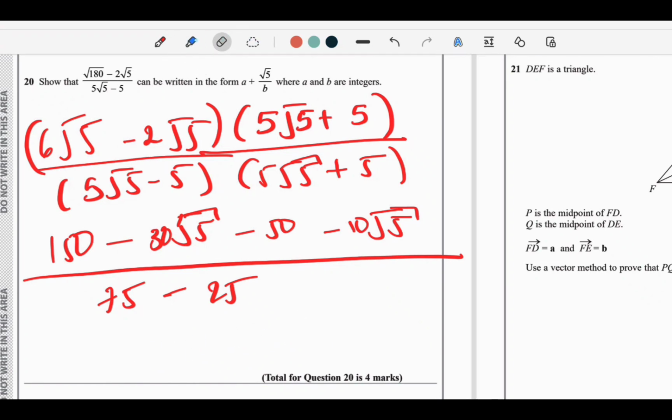Okay, and now we simplify further. 150 minus 50 is 100.